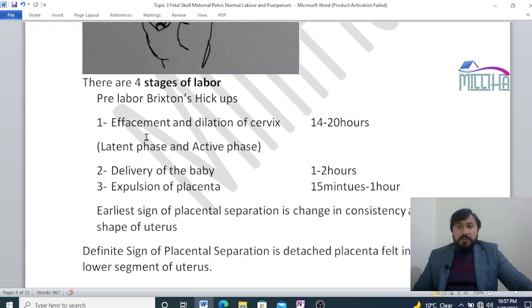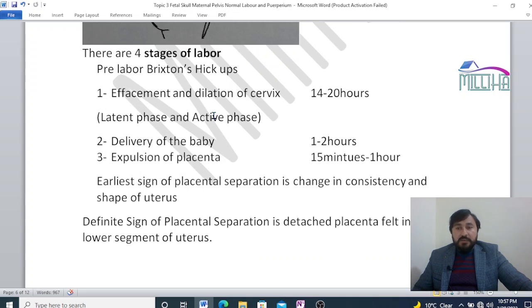There are four stages of labor: pre-labor, Braxton Hicks. Okay, the Braxton Hicks are pre-labor. The pregnant female can experience some contractions. They are called Braxton Hicks. After that, in the first stage, there is effacement and dilation of cervix. What is effacement? I will explain. It's actually thinning of the cervix.